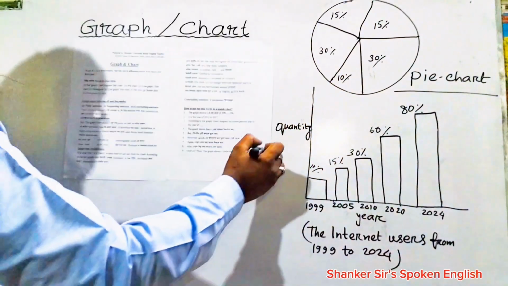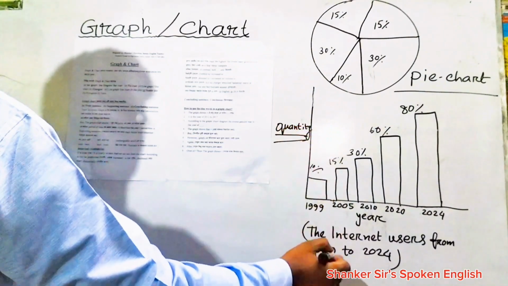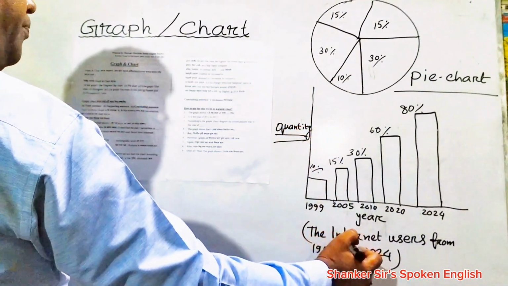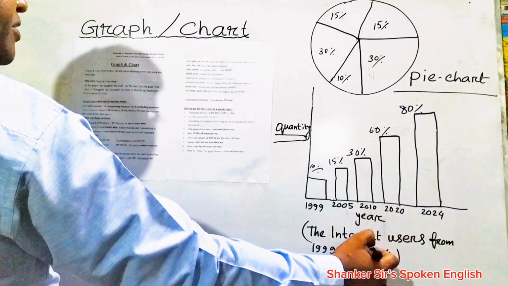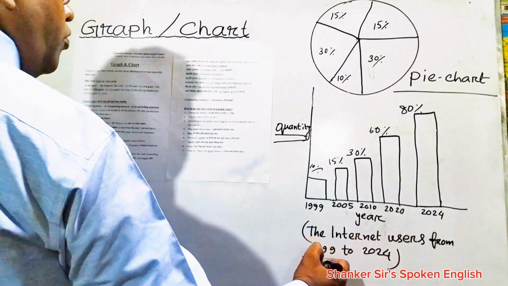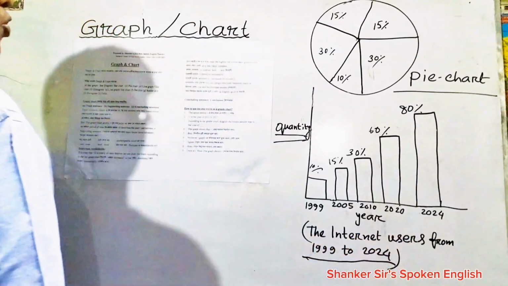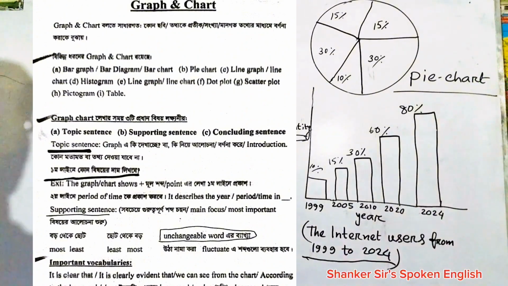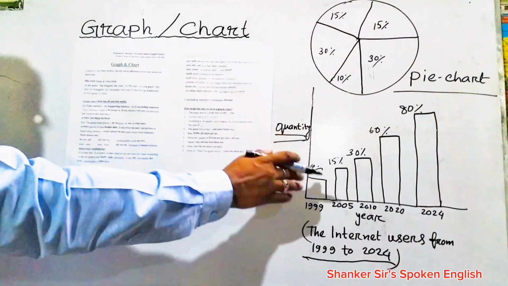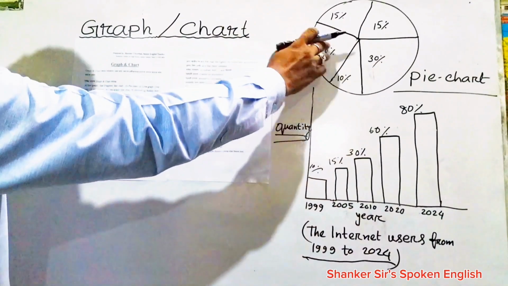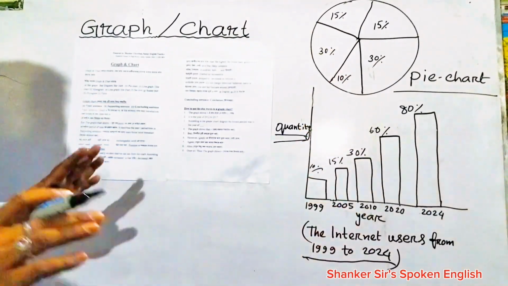Here I have also written the internet users from 1999 to 2024. Now this is a design. This is one pie chart and the other is a graph.